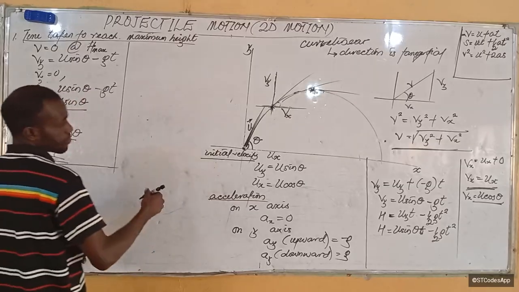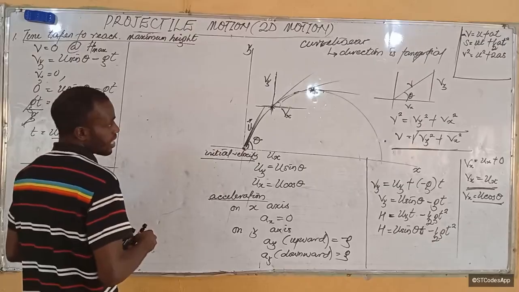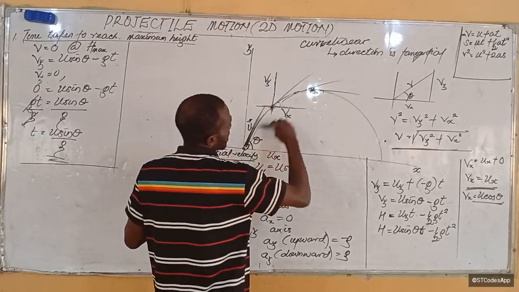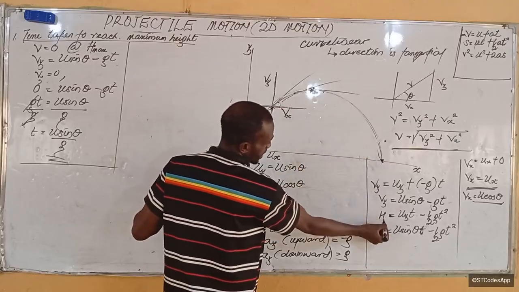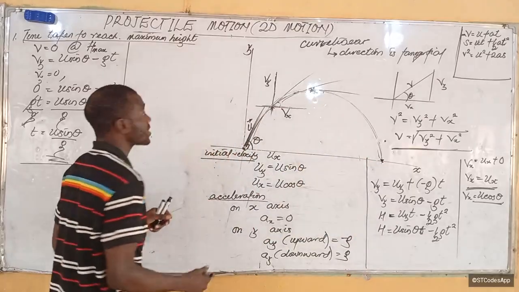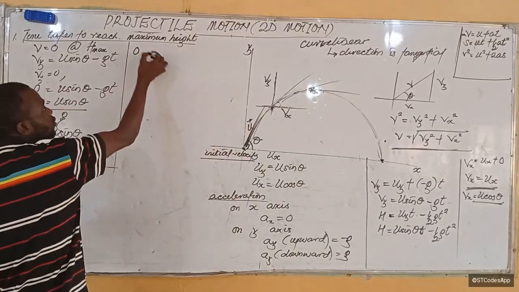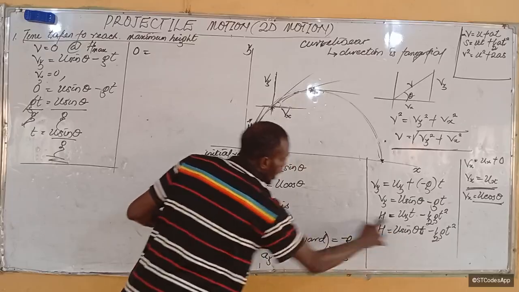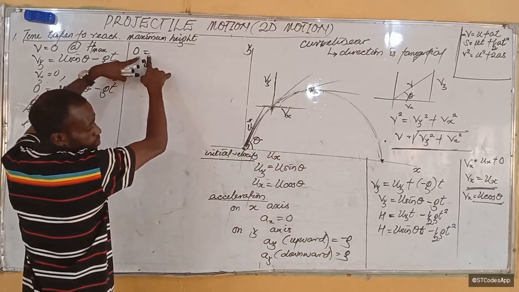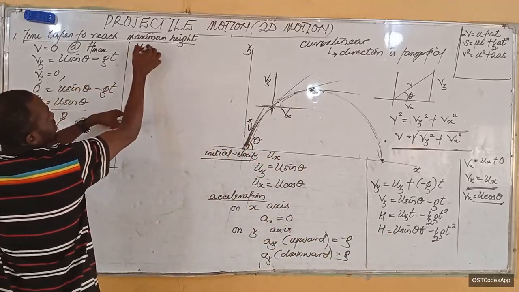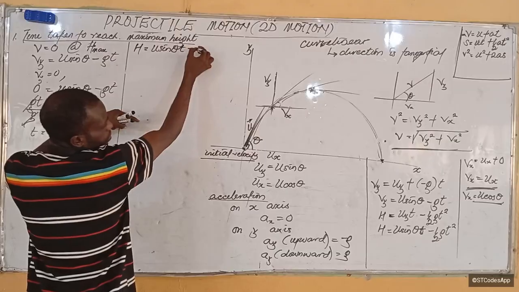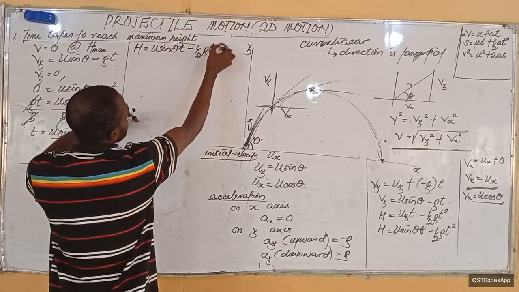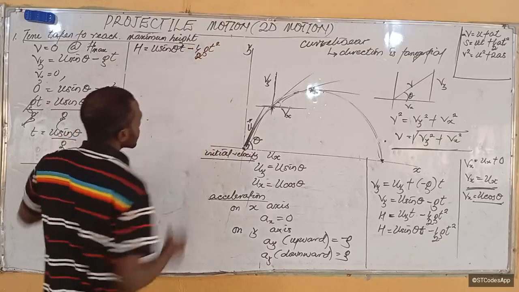You know that by the time the body concludes the entire motion, it will come back to a height of 0. Does that make sense? So if it comes back to a height of 0, then our formula for h becomes h is actually u sine theta t minus half gt squared.